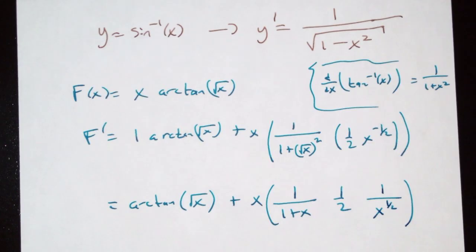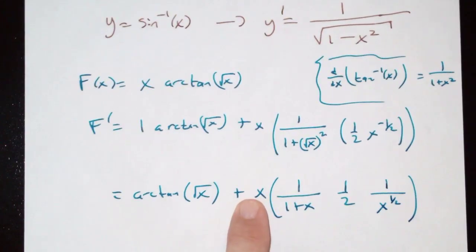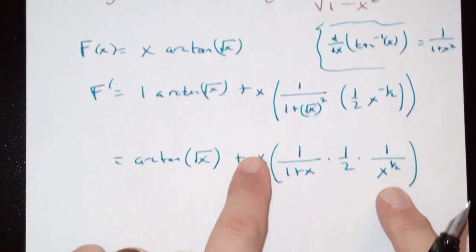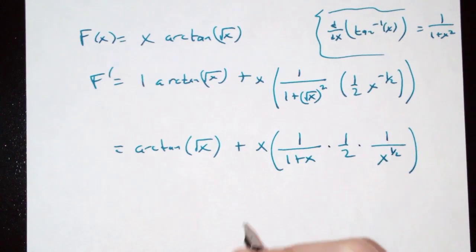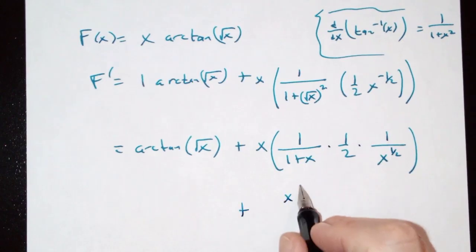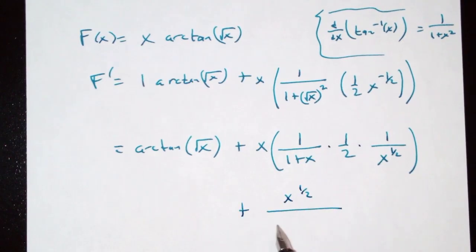Now, this x is on top, this x is on bottom, and these are being multiplied. That means this x is divided by this x to the 1/2. When I'm dividing, what do I do with the powers? So this becomes x to the 1/2 over 1 plus x times 2.